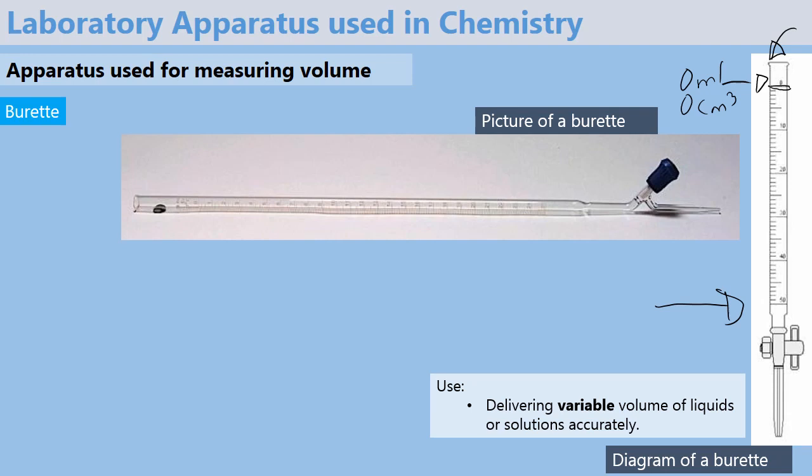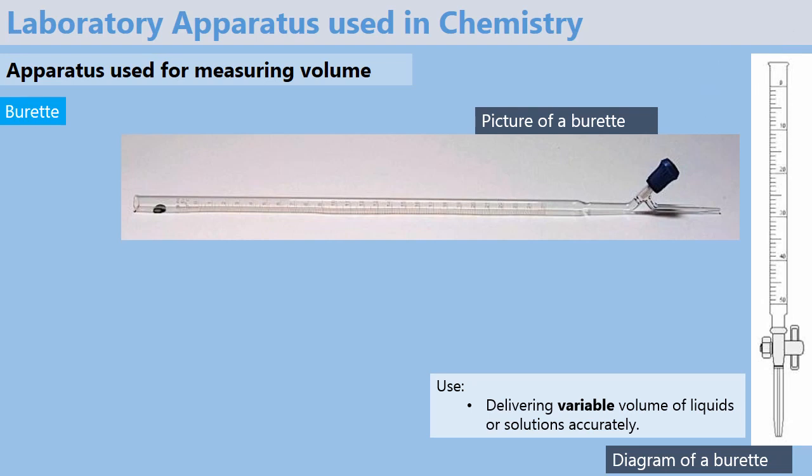However, when this tap is opened, the liquid flows out of the burette into another container up to a level that is somewhere here. When the tap is closed, you read how much volume of liquid has been delivered into the other container. In this case, it would be 20 cubic centimeters if the level has dropped to this level.